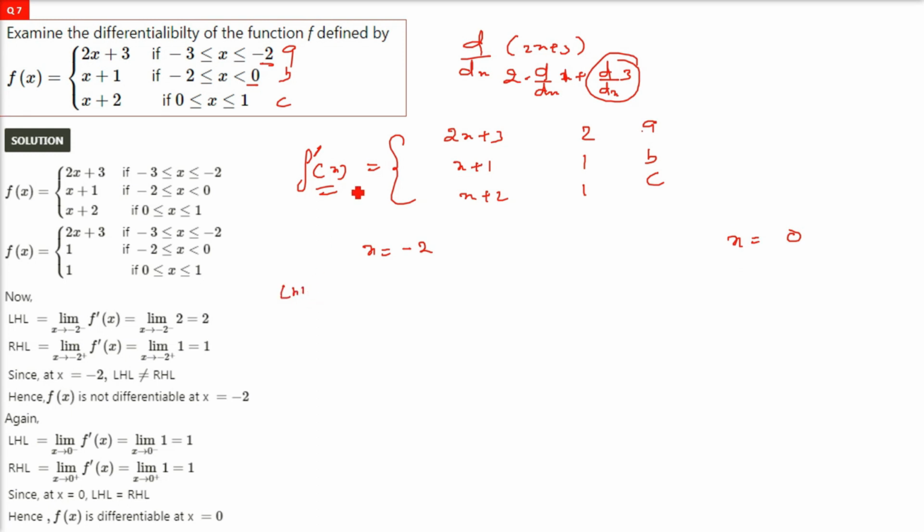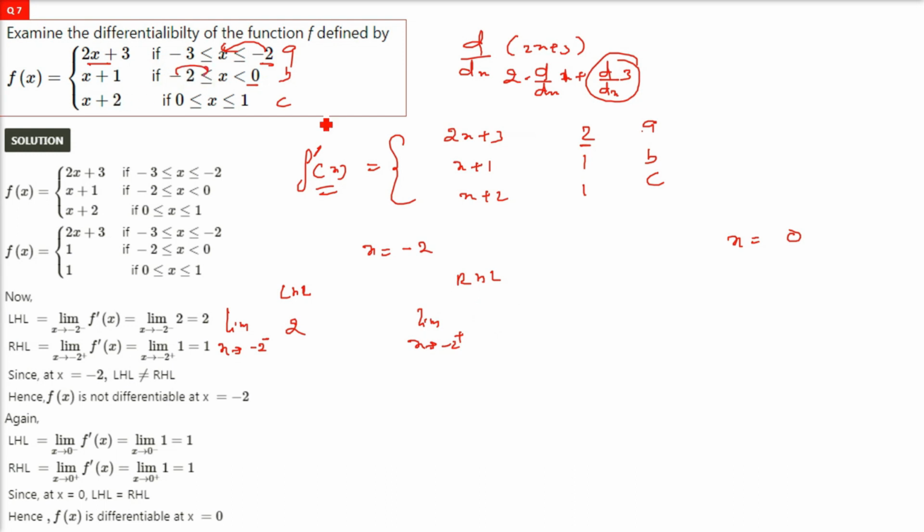And this left hand limit for the derivative, we are not going to write LHD, it is LHL for the derivative. So it will be limit x tends to minus 2 minus, and limit x tends to minus 2 plus. When we have minus 2 minus, you are on the left of negative 2, so you take 2x plus 3 as the function and its differentiation is 2.